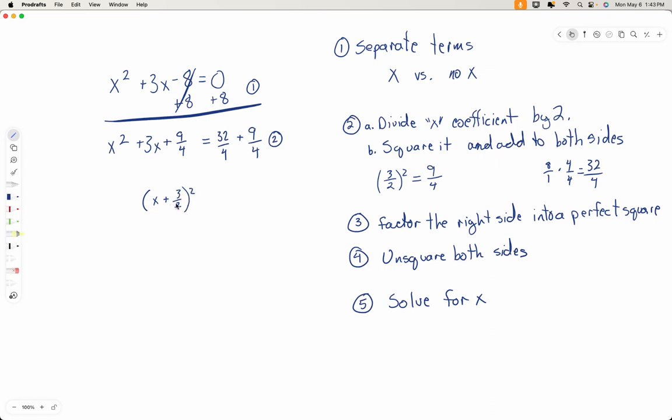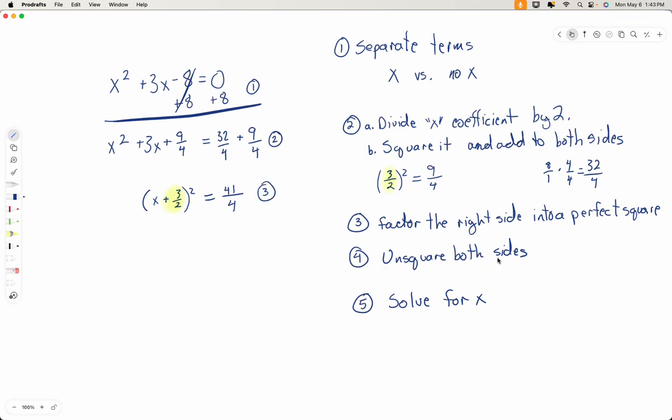Whatever this number is here, that's this number here. Okay? That is where that comes from. And now we can add this together. 32 plus 9 is 41 over 4. So that is step 3.